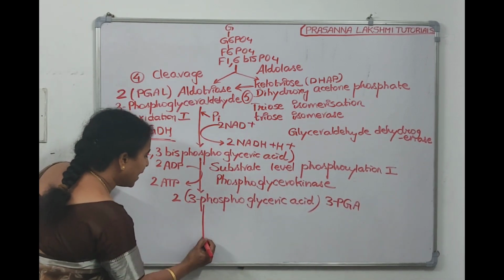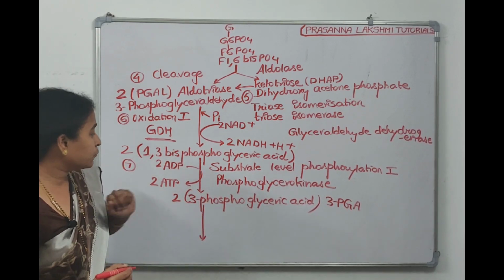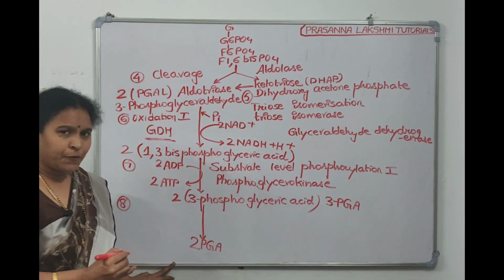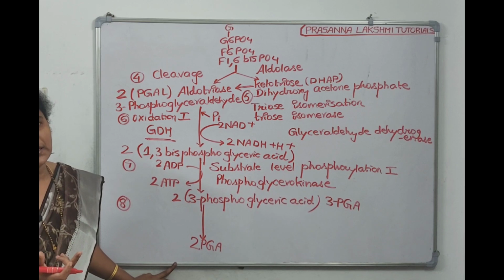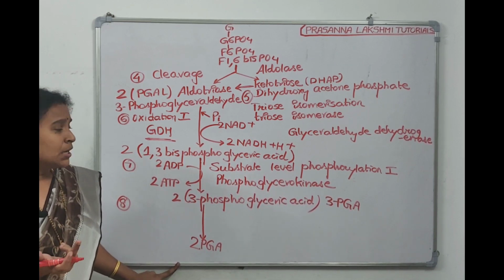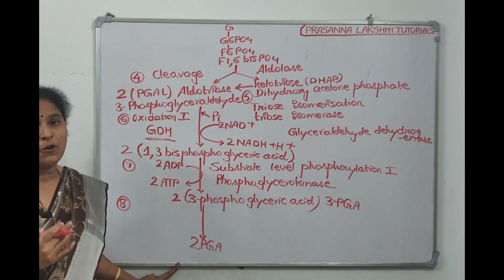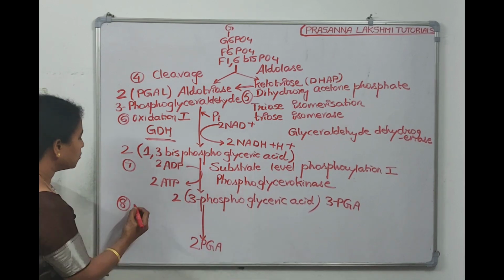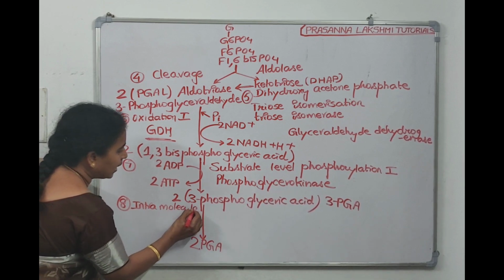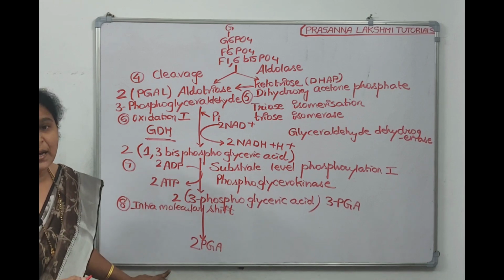Now let us do the 8th reaction also. 3-PGA, 3-phosphoglyceric acid, gets converted to 2-phosphoglyceric acid, meaning the phosphate at the third place has shifted to the second place. So the reaction is called intramolecular shift.